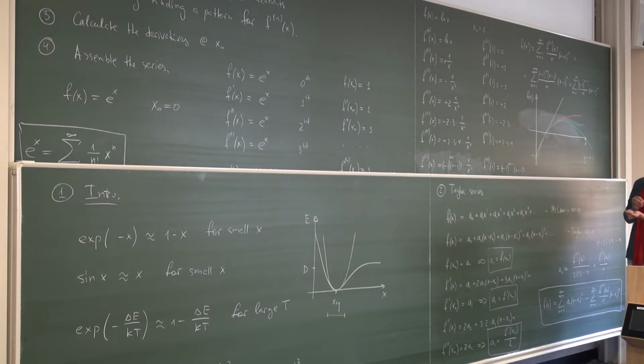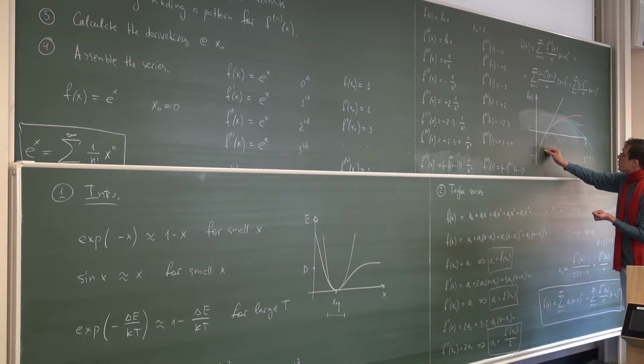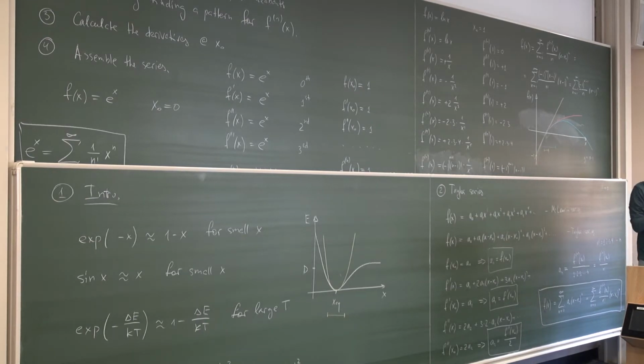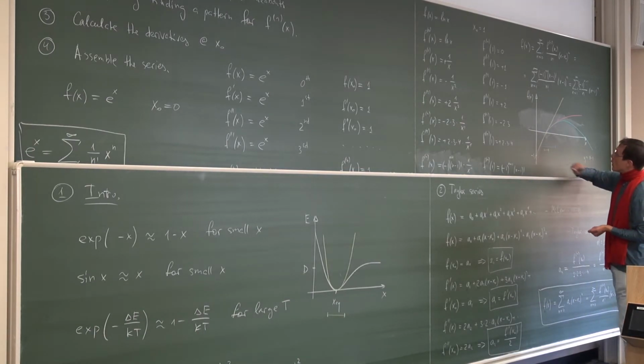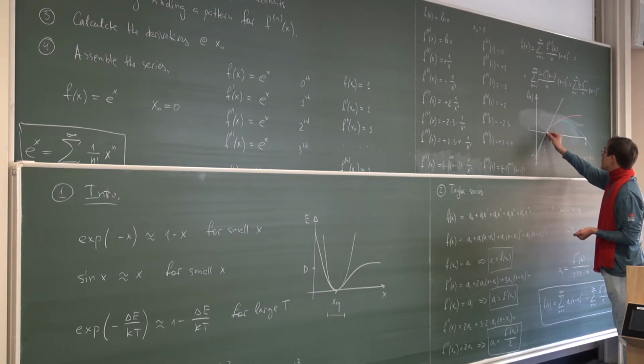Whereas for our yellow line, the range of a reasonable approximation was significantly narrower. So the more terms you take in the Taylor series, the more accurate it becomes. Okay, if we go to the cubic term, this thing will become even closer. So the cubic function will be something like this.